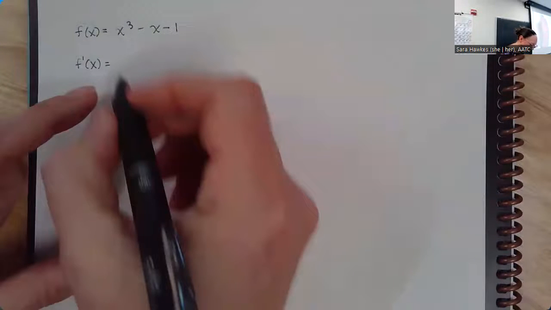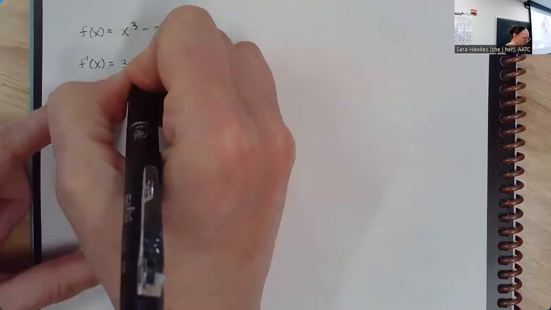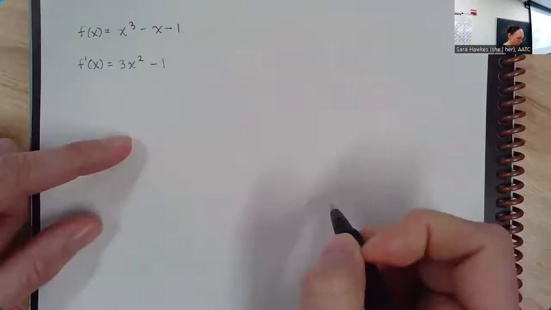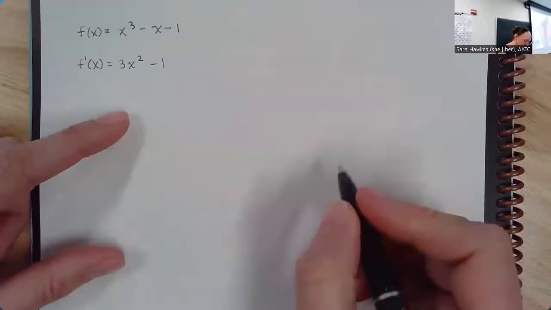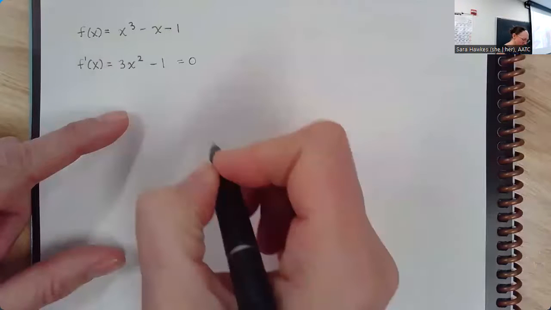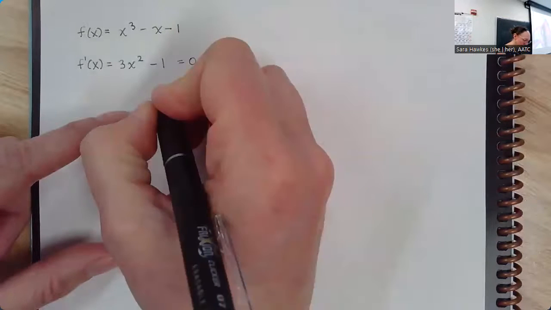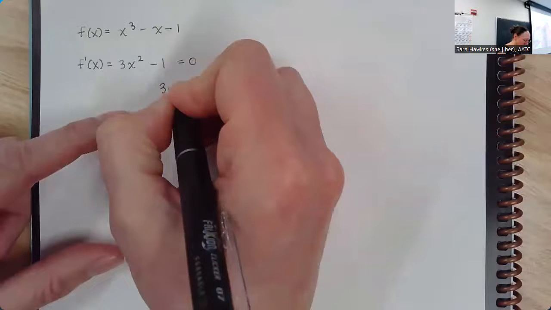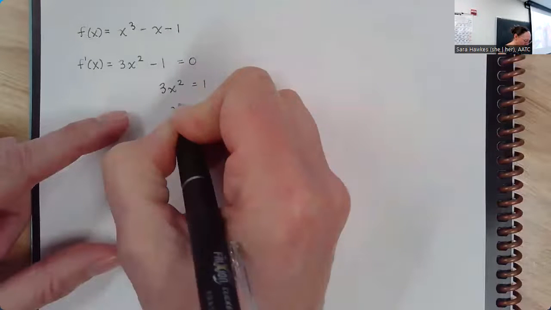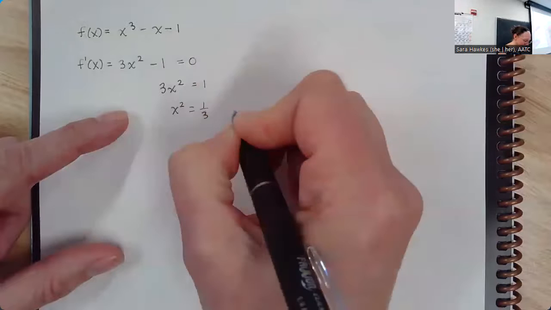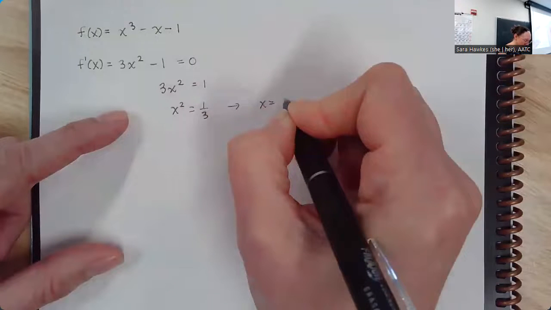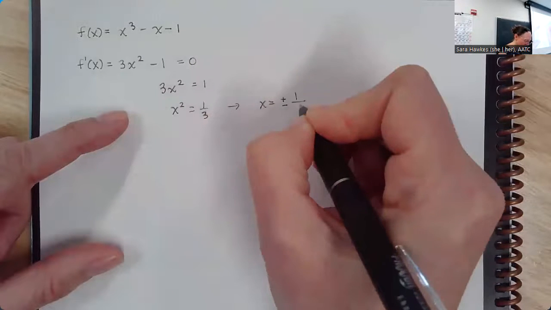So I've got 3x squared minus 1 when I take the derivative. And if I set that equal to 0, I might write that as 3x squared is equal to 1. So x squared is 1/3, which means, don't forget, x is equal to plus or minus 1 over the square root of 3.